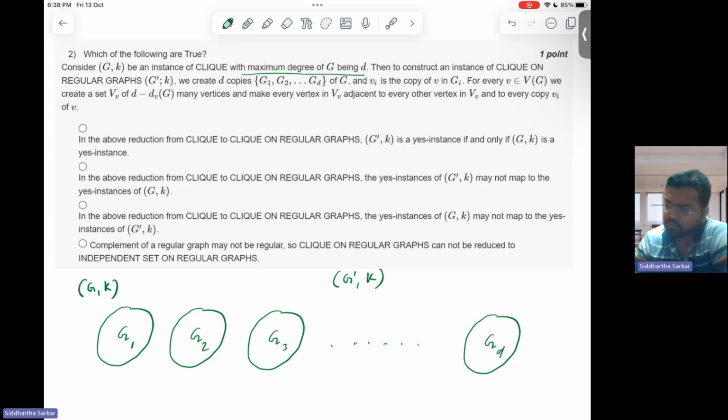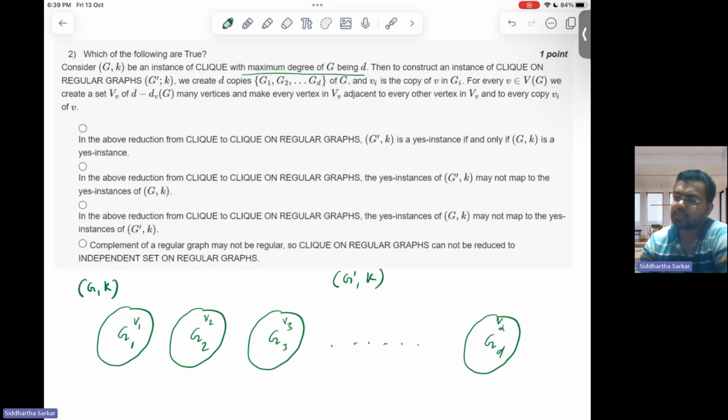For every vertex v, there is a copy in every copy of the graph. Let us say that these are the copies of a given vertex v in G. So for every vertex in the original graph, you create some more vertices.